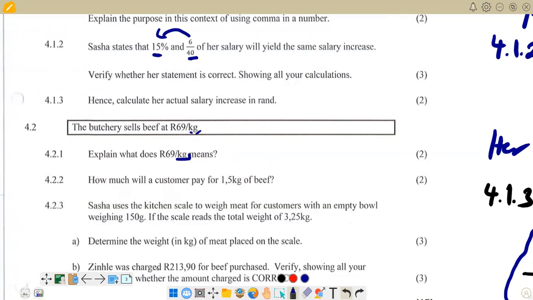So we can put it in a sentence to explain what that expression means.